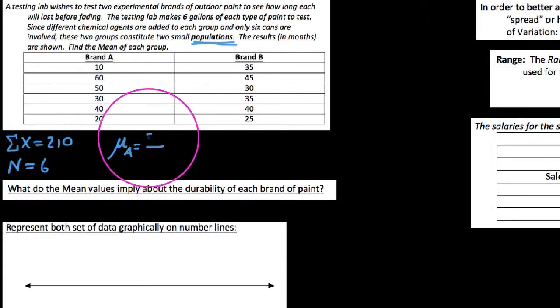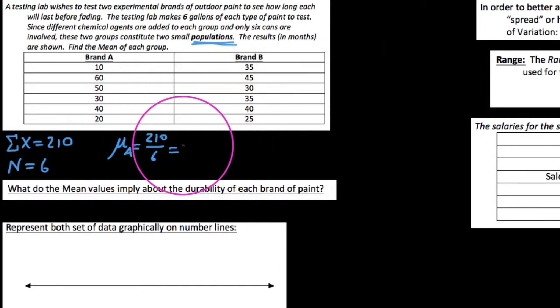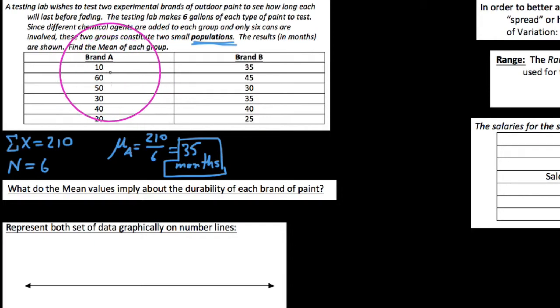We say 210 months split 6 ways, and dividing 210 by 6, we end up with 35 months. So on average, the most typical case is that a can of brand A will last 35 months before it fades.